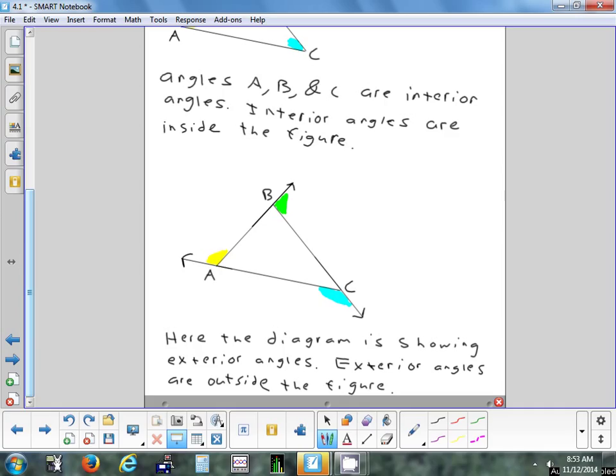Questions on that? Anybody think they know what the relationship is between interior and exterior angles? I'll give you a hint. This angle right here has something to do with this one and that one. The one on the outside has something to do with the two that are farthest away.